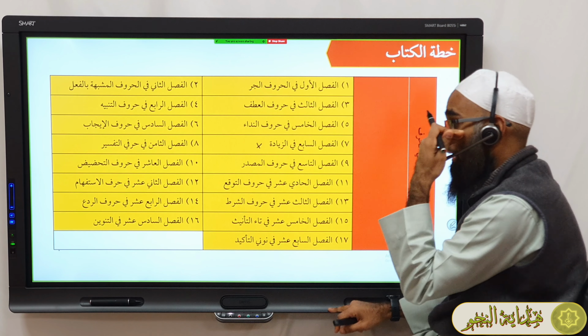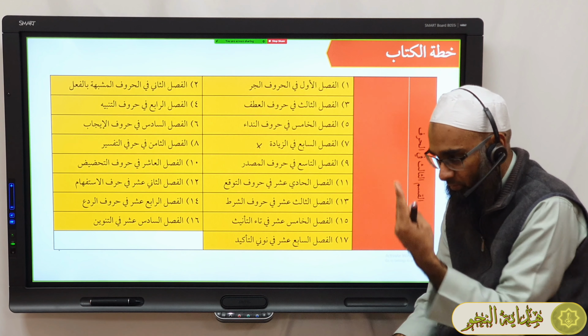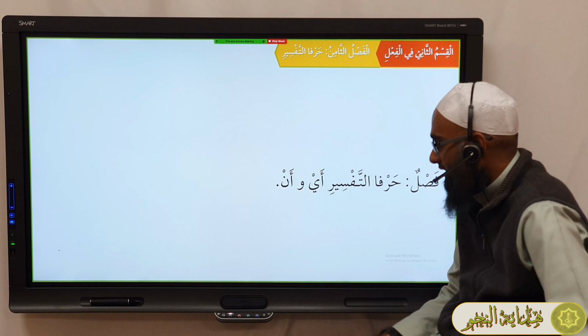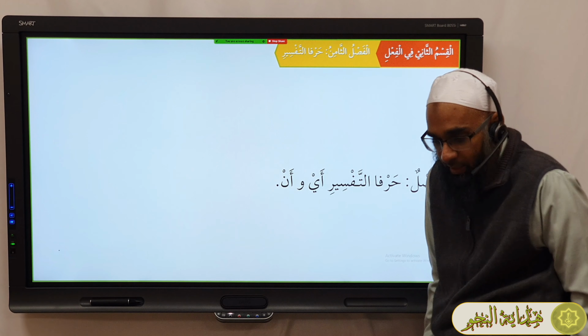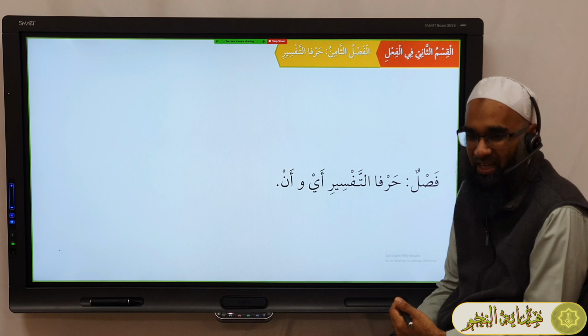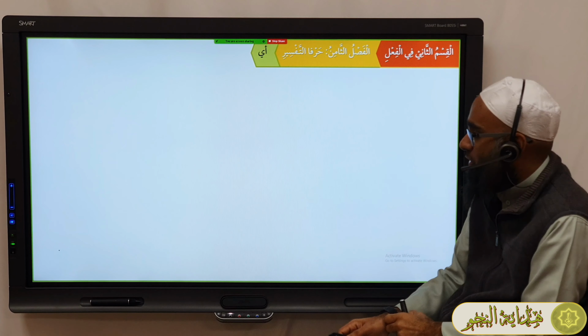We've reached until here. Now we are discussing the harfa at-tafsir. There are two harfs of tafsir. So faslun, harfa at-tafsir, ay wa an. Ay and an are two particles which are used to clarify, to give more detail and give more information. And we'll discuss each in detail, inshallah.